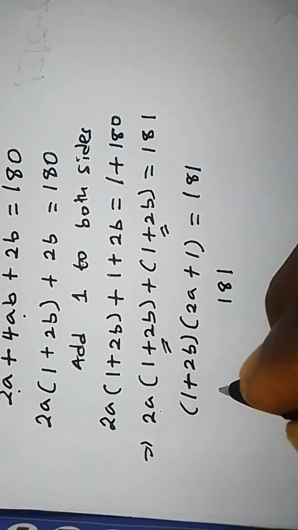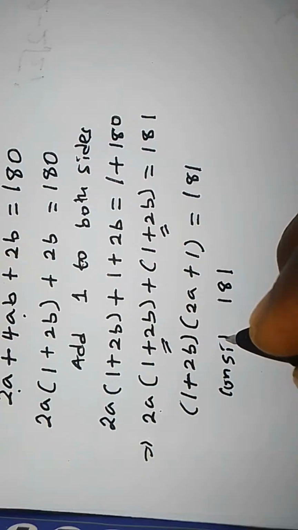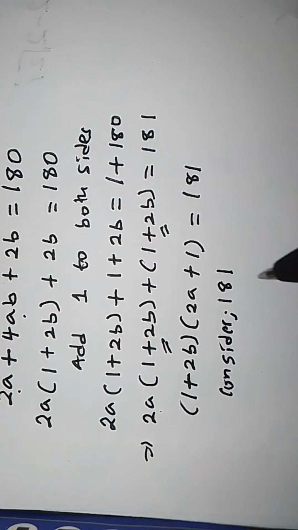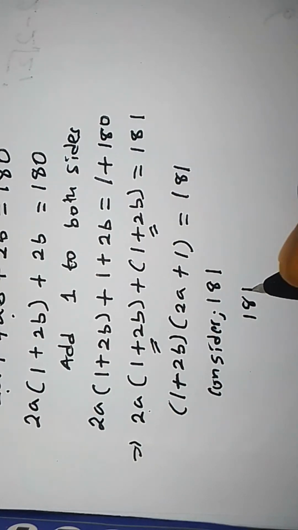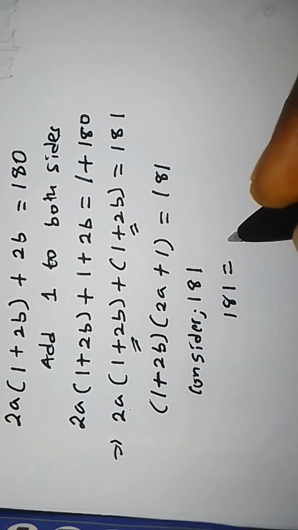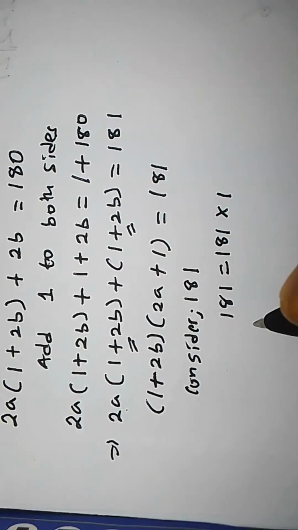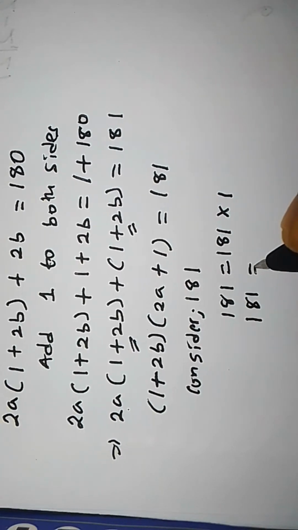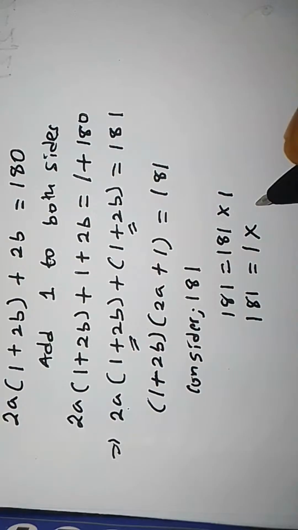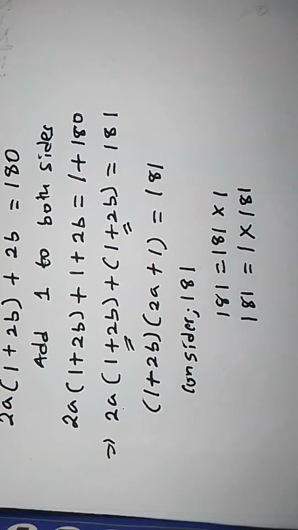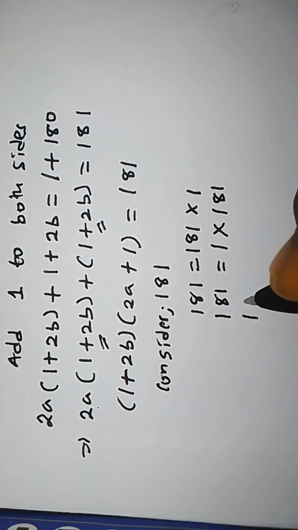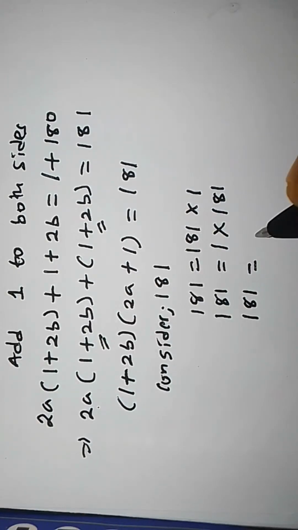181 could be written as 181 times 1. 181 can also be written as 1 times 181.